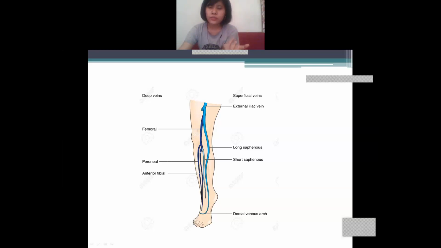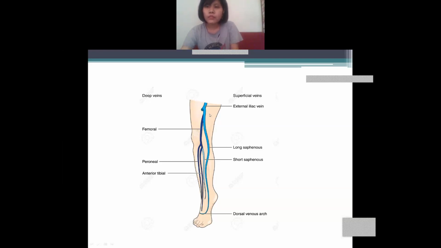When the femoral veins go down, they will be in this manner, that is the communicating veins. And the femoral veins will come along with the arteries, as the arteries are nearby the veins, which you will find just next to the vein.